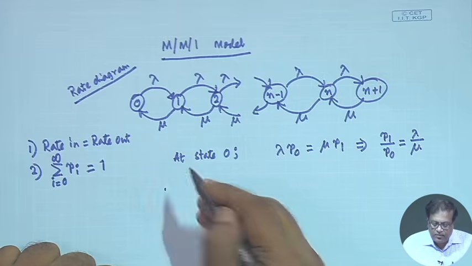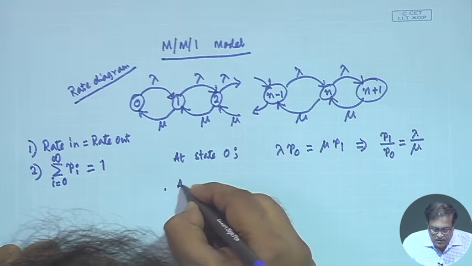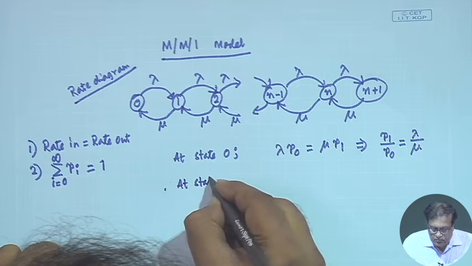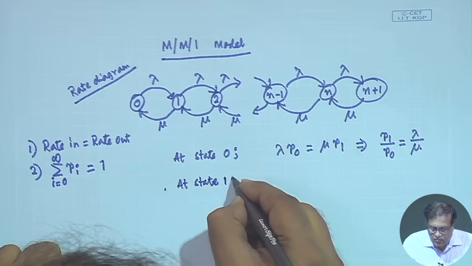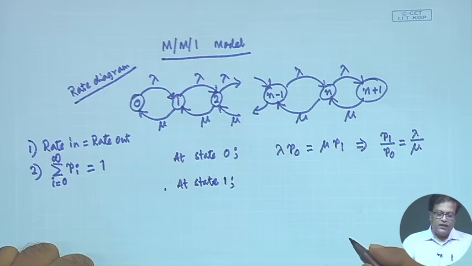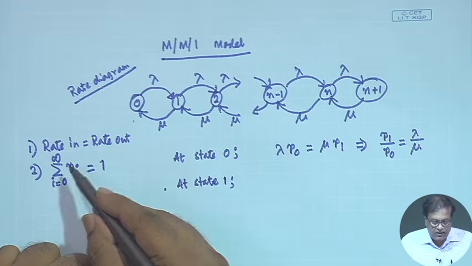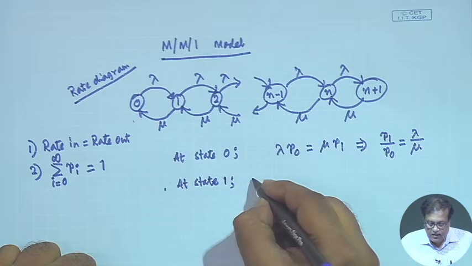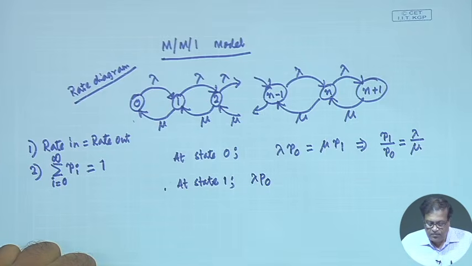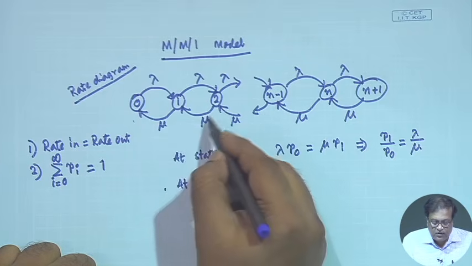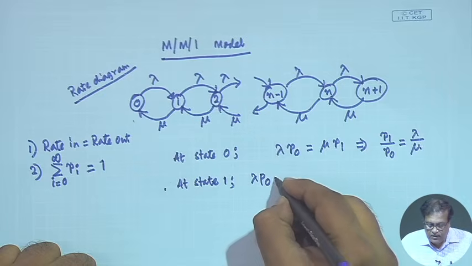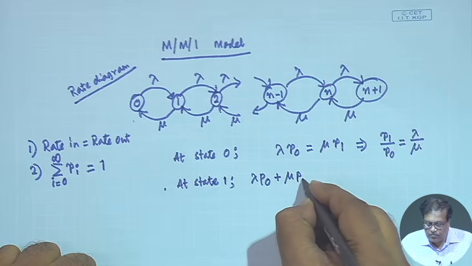Let us make one more balance, that is at state 1. What is the balance at state 1? What is coming in and what is going out? Rate in is lambda P0, this is one rate in. Another rate in is mu P2.